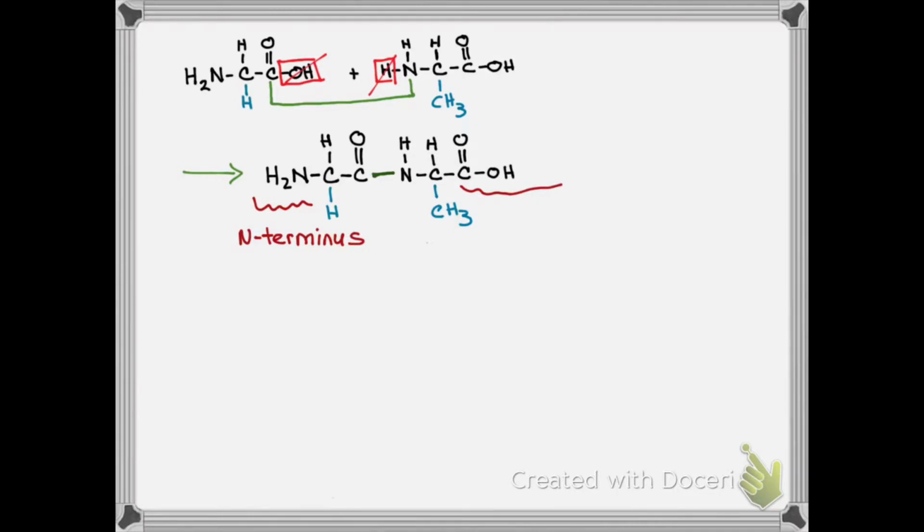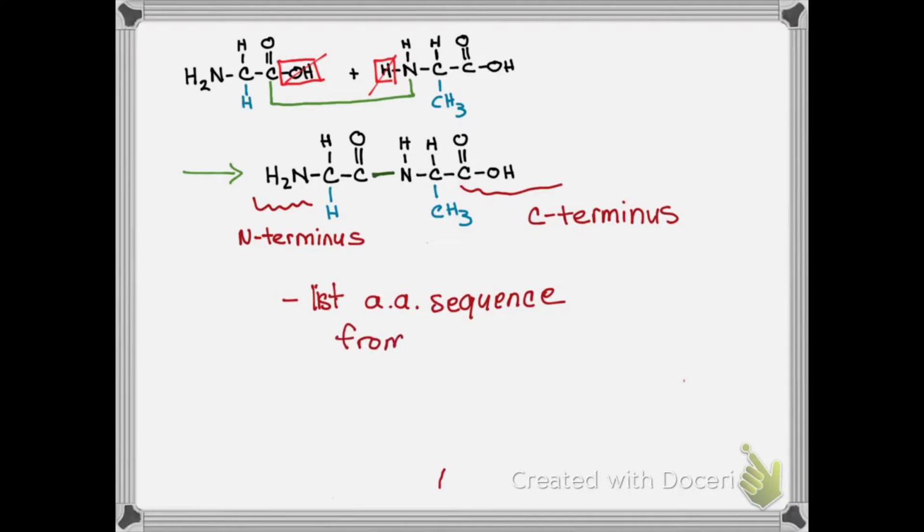And the part that ends in the COOH, we call the C-terminus. Would make more sense if it was the O-terminus, but that is not what people call it. It is the C-terminus. When we're listing out the order of amino acids, which we call the amino acid sequence, we always list them from the N-terminus to the C-terminus.